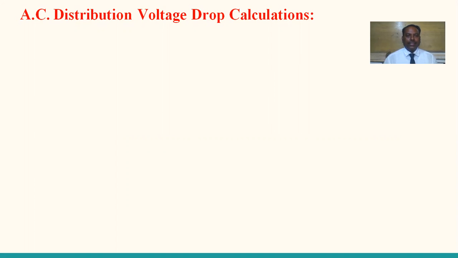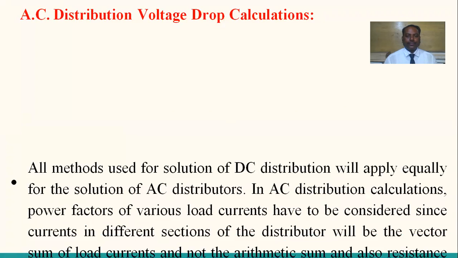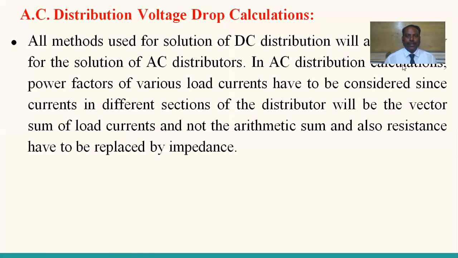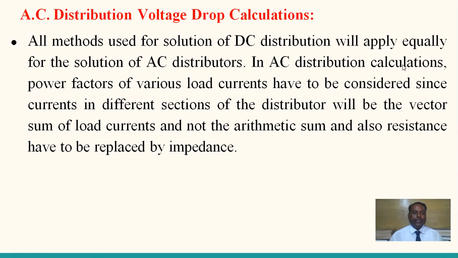In general, an AC distributor is slightly different from a DC distributor. So let us see what the difference is. All methods used for the solution of DC distribution will apply equally to AC distributors also.